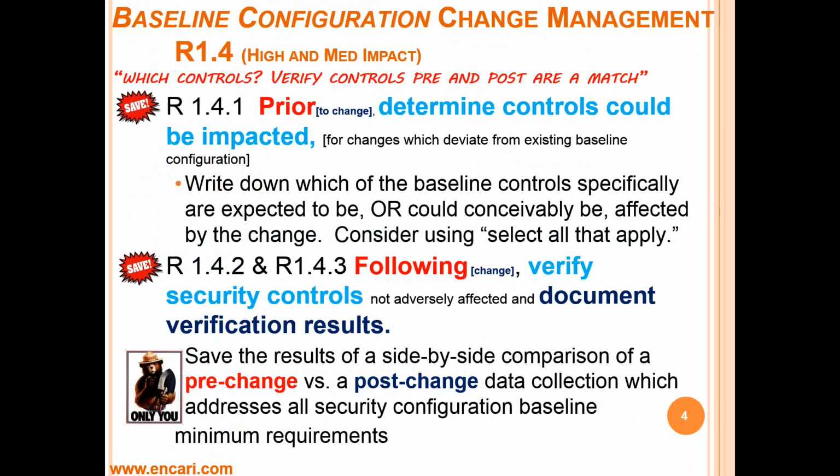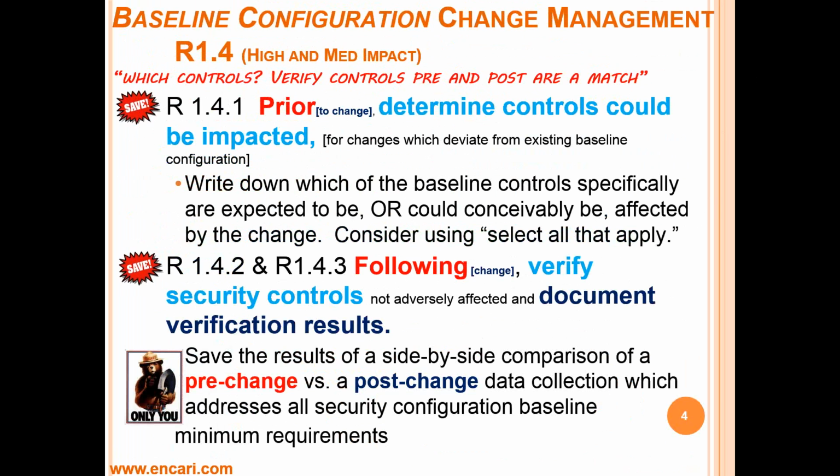If you know what all your previous baselines were, then you can compare your running config against your last known baseline to see if there are any discrepancies before you go in and make a change that's going to change the baseline again. So yes, you have to save your evidence.